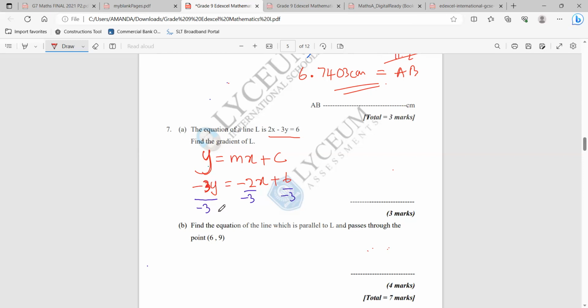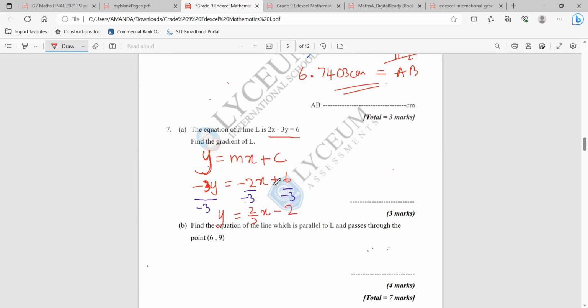So the left-hand side becomes just y. And negative divided by negative becomes positive, so it's 2 over 3, or 2/3 of x. And then positive divided by negative is negative. Now this looks like the generic formula. Can you see? It looks like y equals mx plus c.